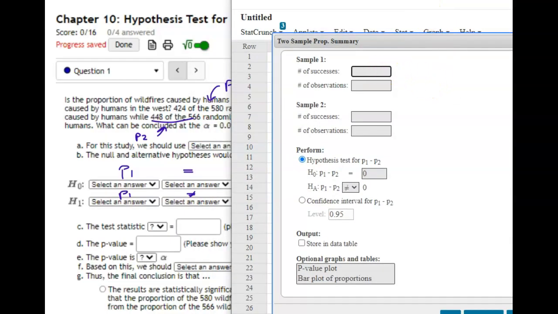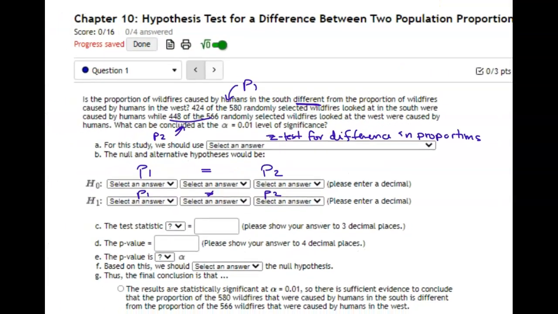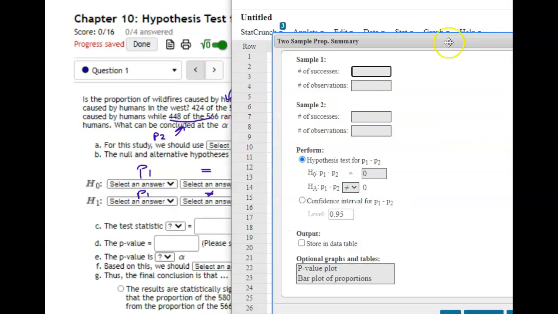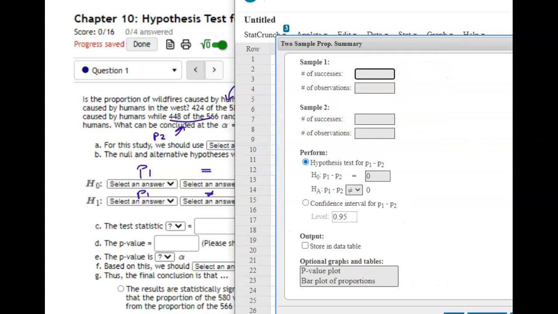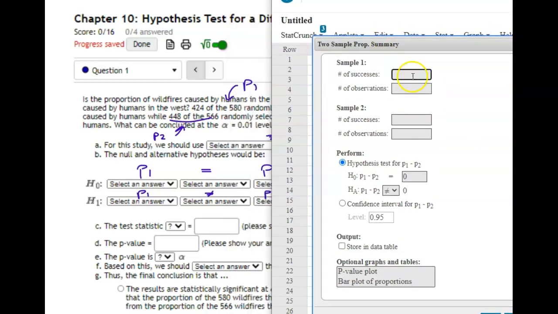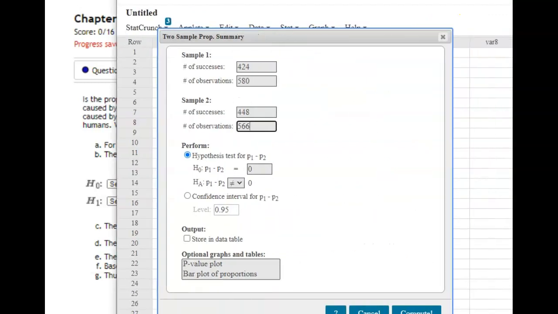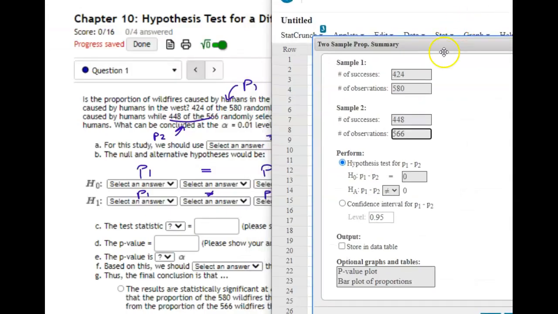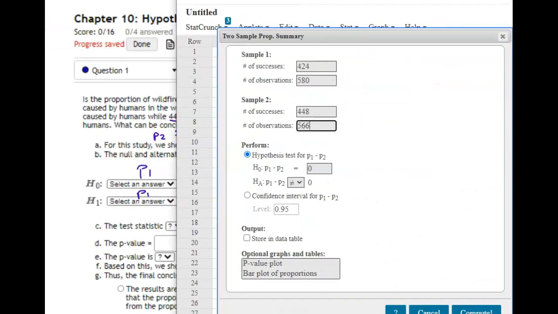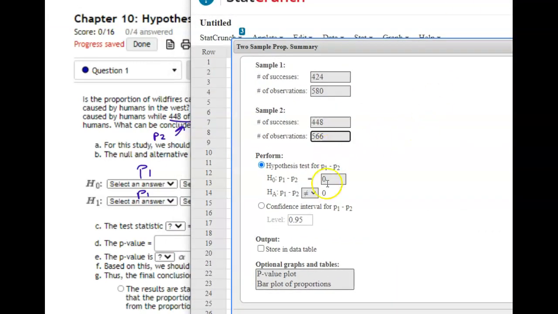Okay, so 424 out of 580 in the south, and 448 out of 566 in the north. Okay, we want hypothesis test for the difference of the two proportions.